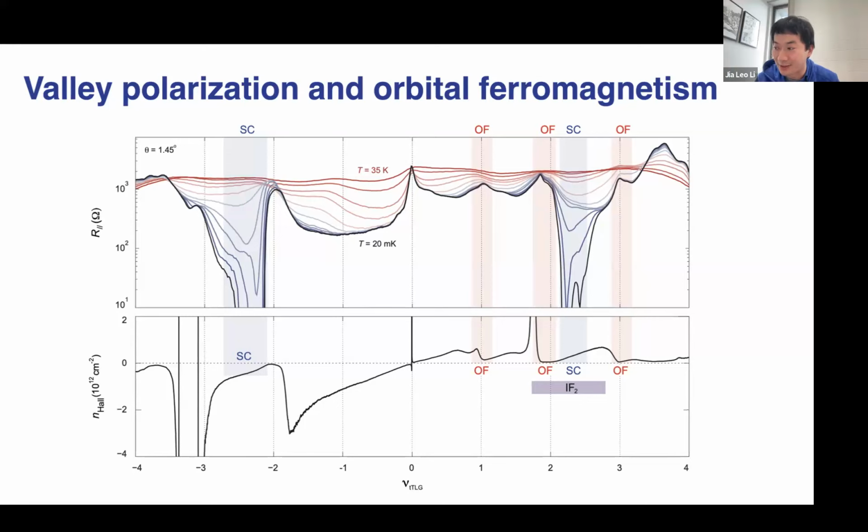And when there is strain, it does tend to pick one valley over the other, right? But in Bernal bilayer graphene, I would be surprised if it has a lot of strain, right?